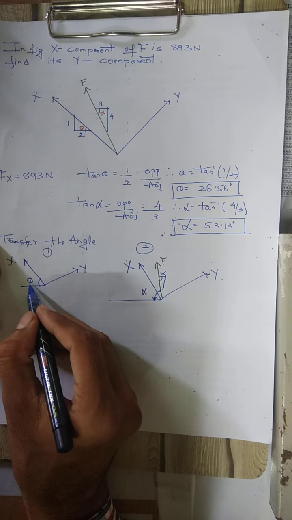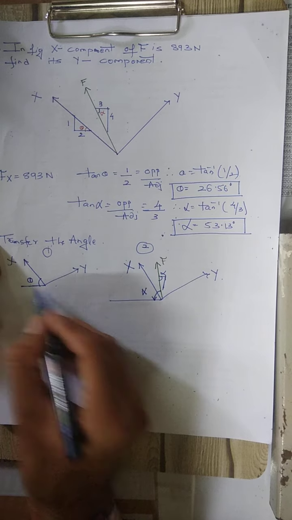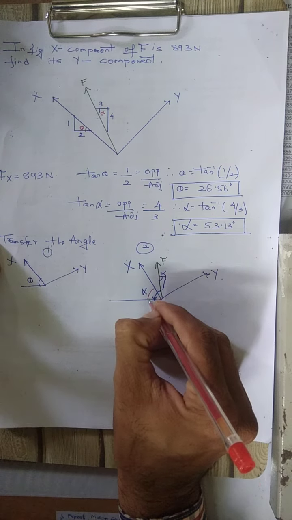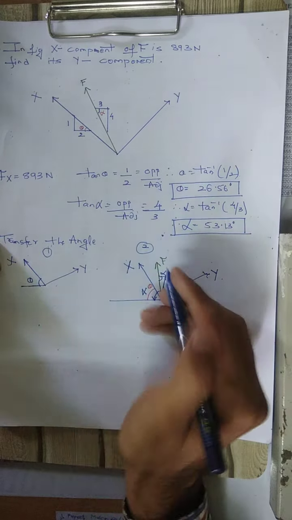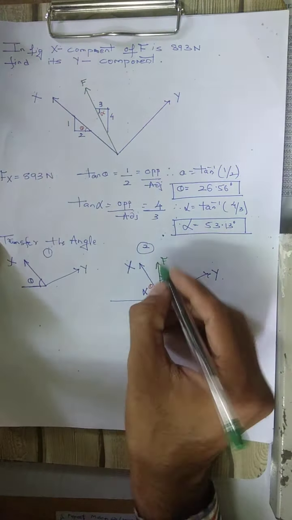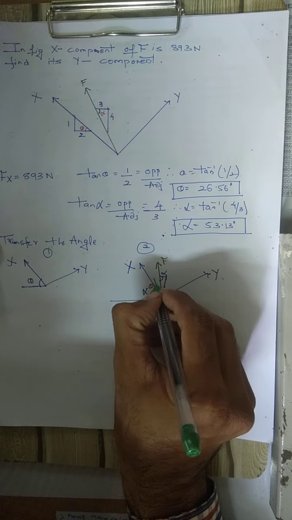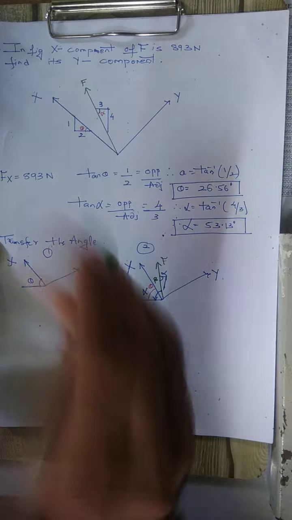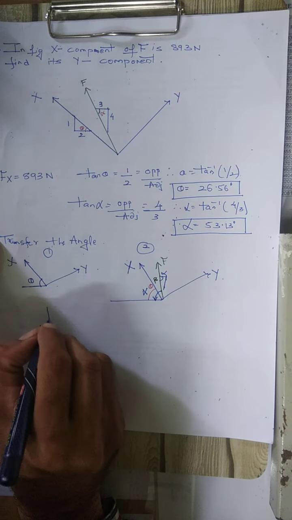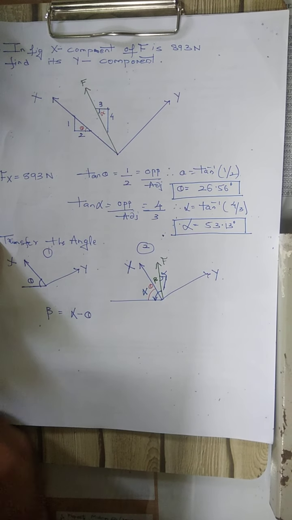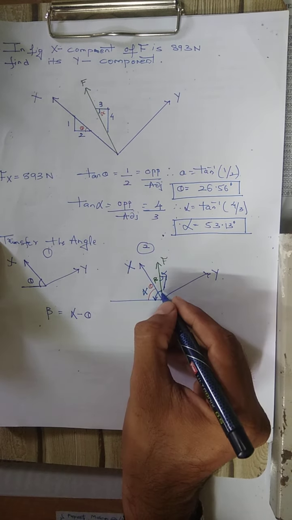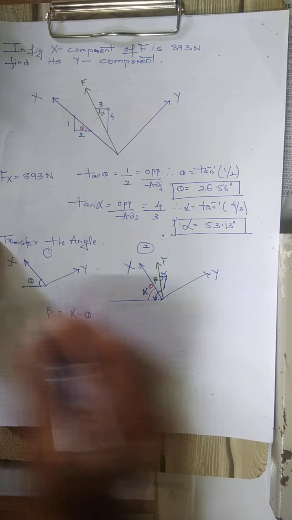Again, what is theta? This original angle is theta. Theta is this angle and alpha is the total angle. If we call this angle beta, how do we find beta? Beta is equal to alpha minus theta. Alpha is the total angle from force to this point, and theta is this angle.